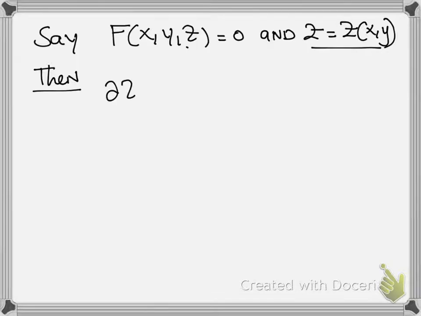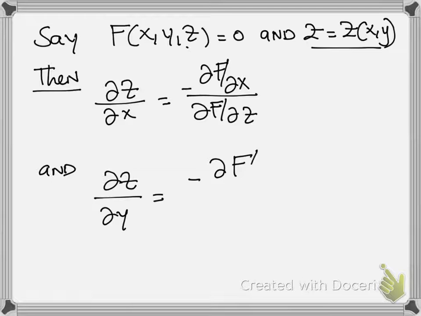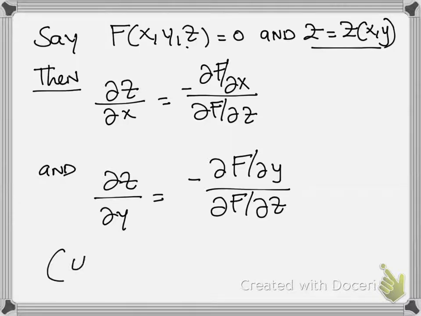So partial z partial x would be minus partial f partial x over partial f partial z, and partial z partial y would be minus partial f partial y over partial f partial z. Again, the idea is to use the chain rule. Okay, so let's have an example.